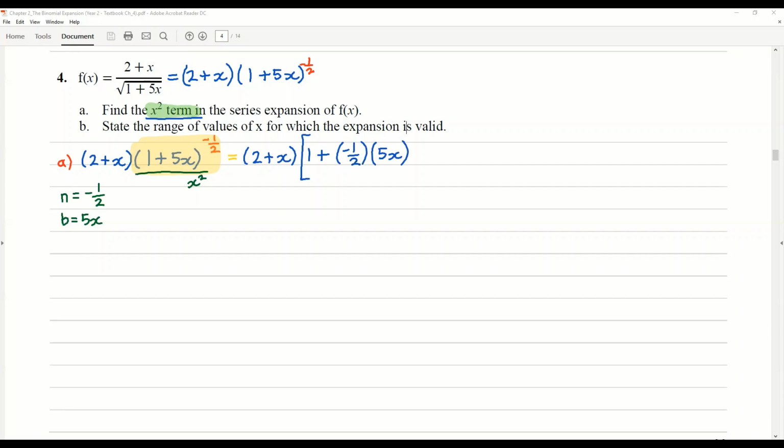We only need one more term, remember. And then we take out b and we have to square it. So I just like to put brackets in just to remind me that I'm squaring it.